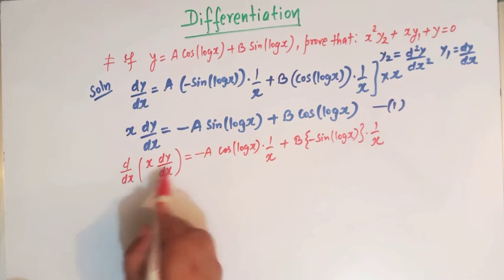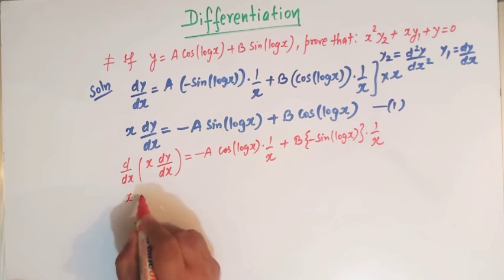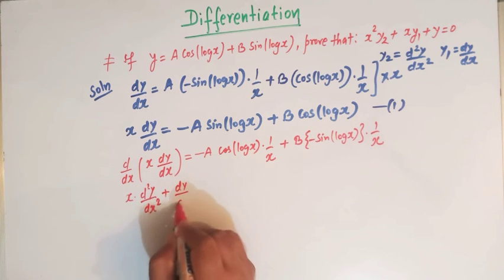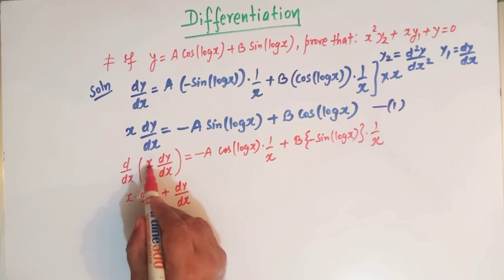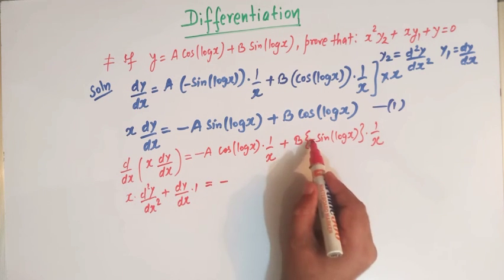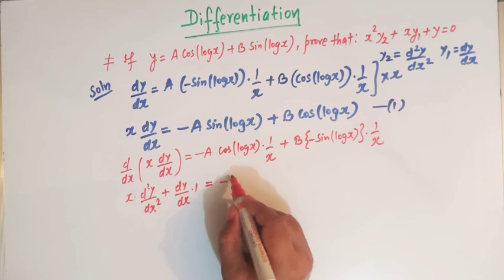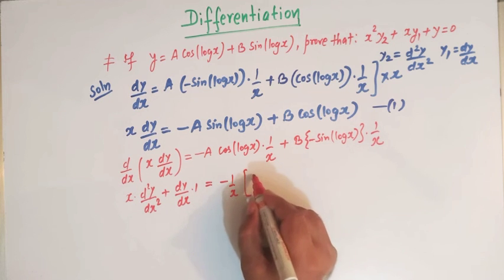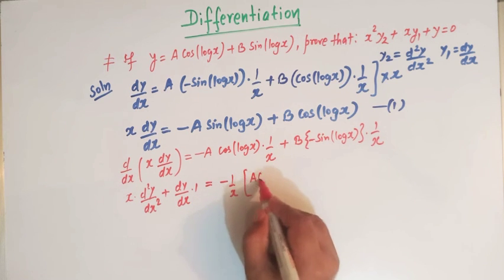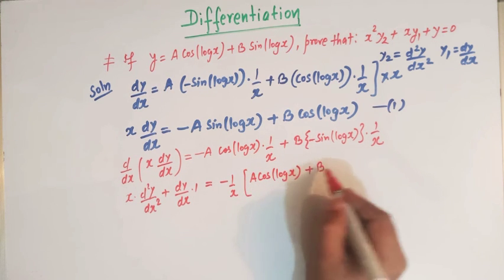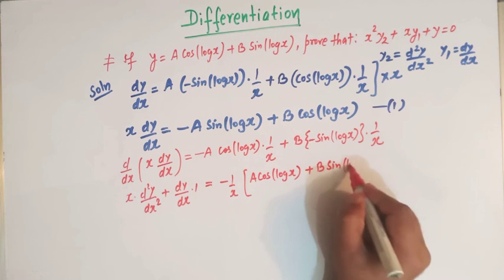Now here if we differentiate, so we get first function, derivative of this is the second derivative, then we have dy over dx, and the derivative of x is 1, and we have minus, so we can take minus common, so we have minus 1 over x times a cos log x plus b sine log x, right?